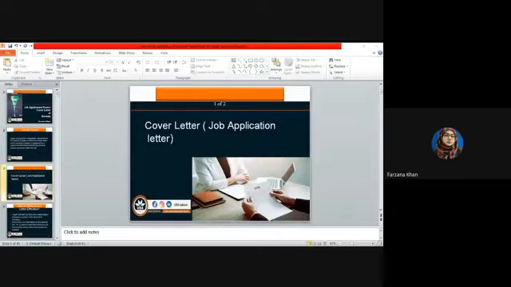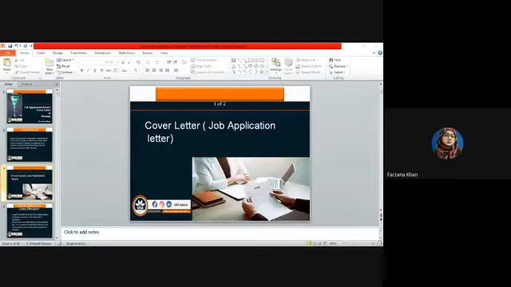Research suggests that employers favor resumes that are accompanied by a cover letter, making it a critical component of job search strategy. That's why it's very important. You must learn to write an effective cover letter. By the end of today's lecture, you are going to be able to write one.